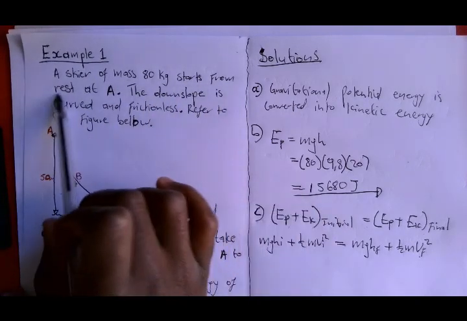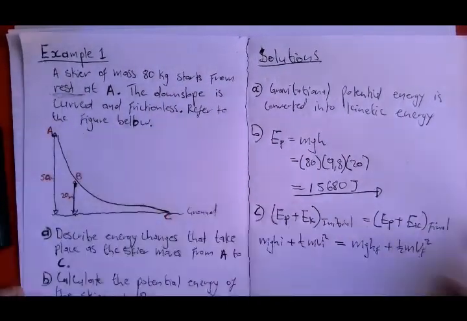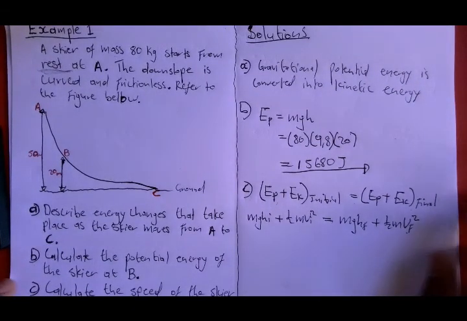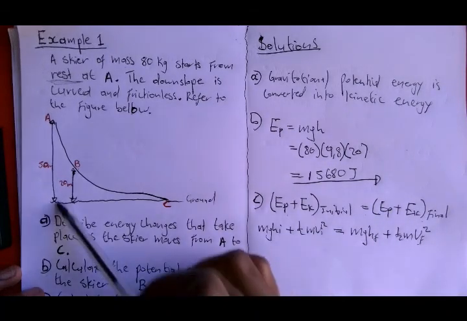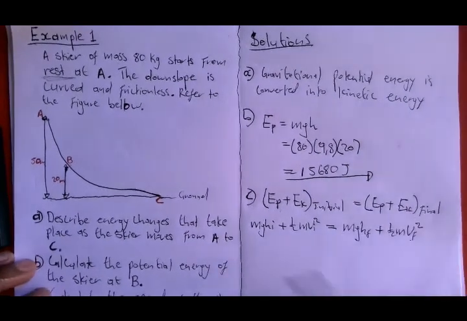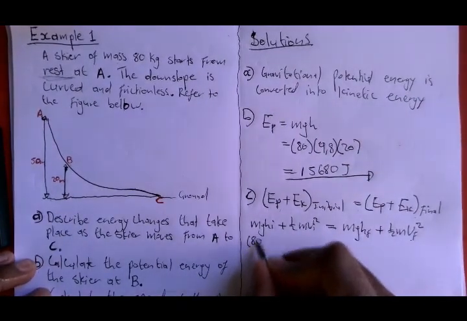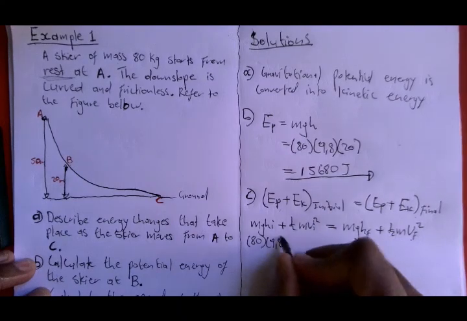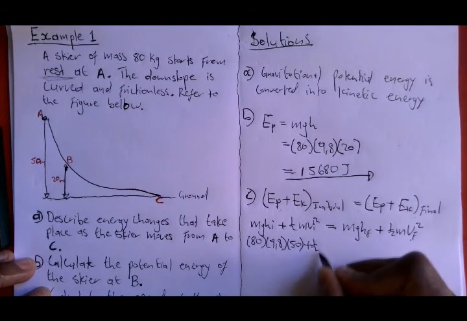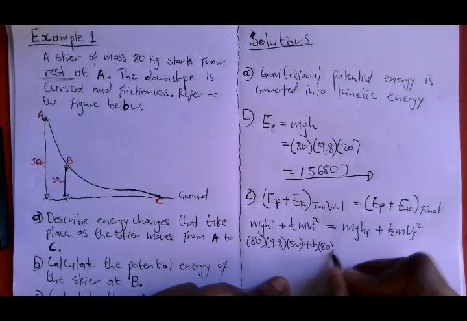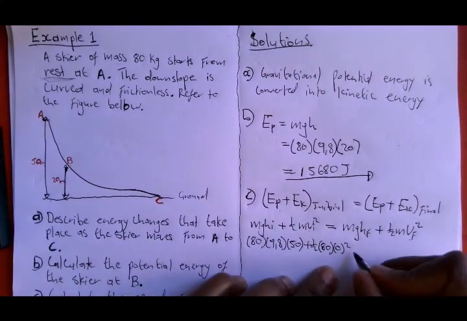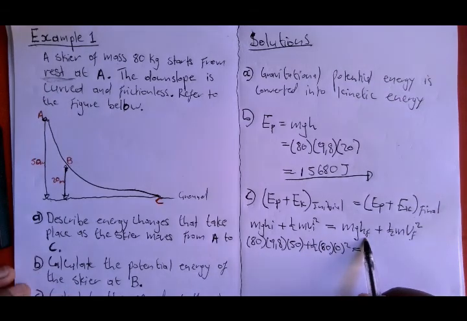We are told from the statement that the skier of mass 80 kg starts from rest. From rest, we know that the velocity is equal to 0. But what is the height above the ground at A? It is 50 meters. So we're going to have 80 times 9.8 times 50 plus half times 80 times 0 squared, which is equal to the final.